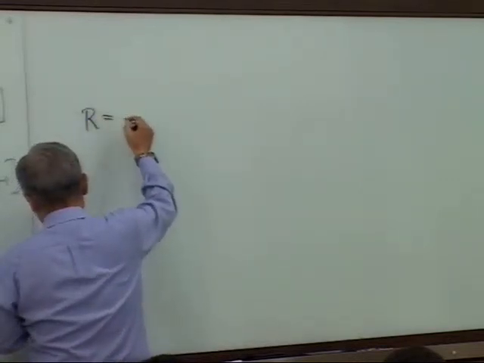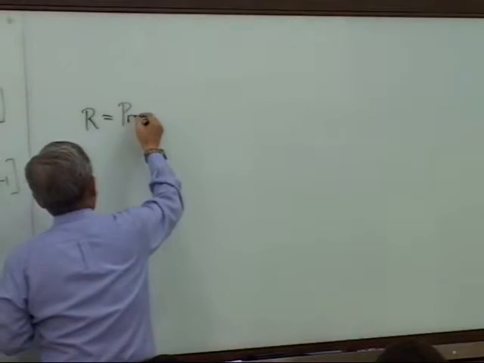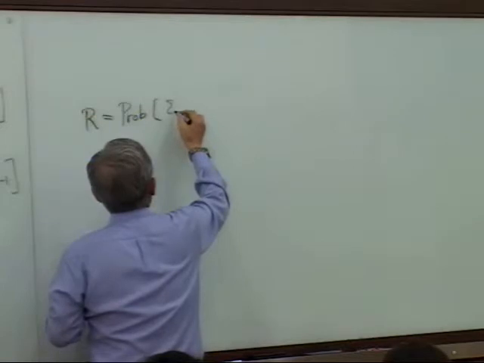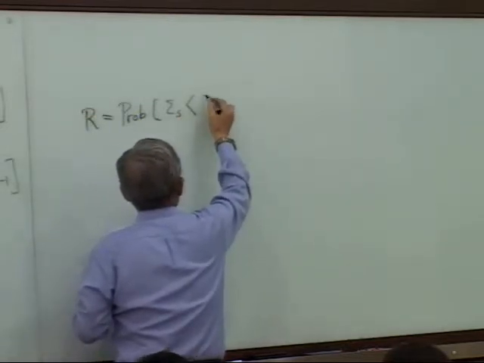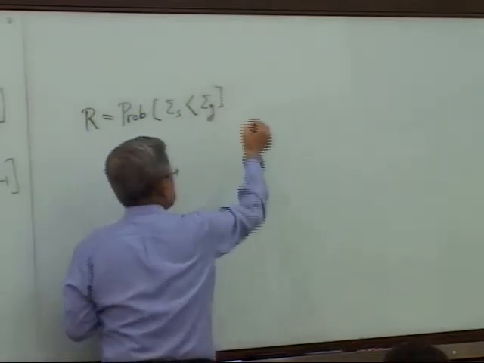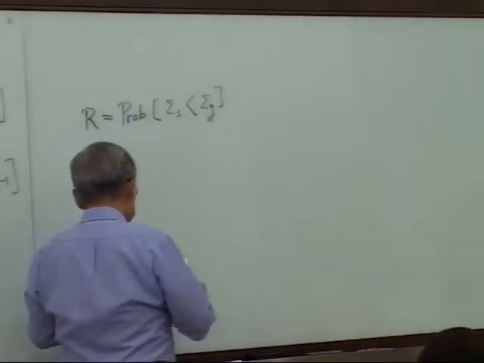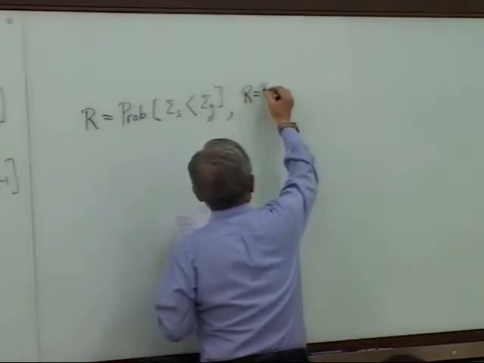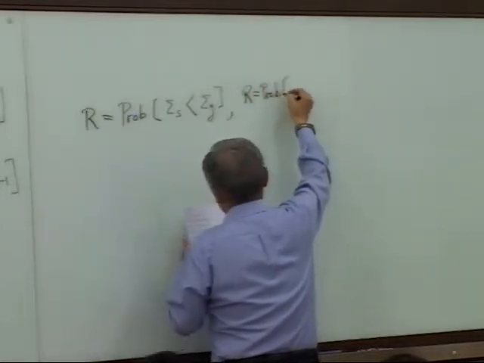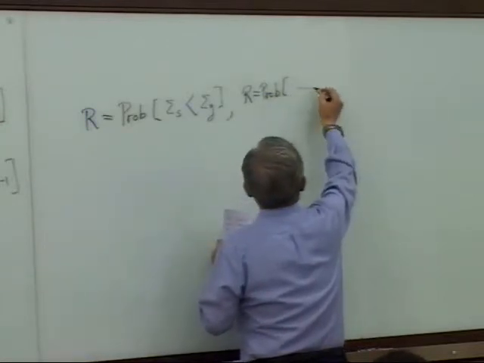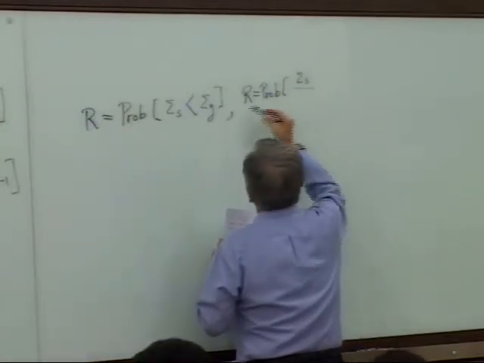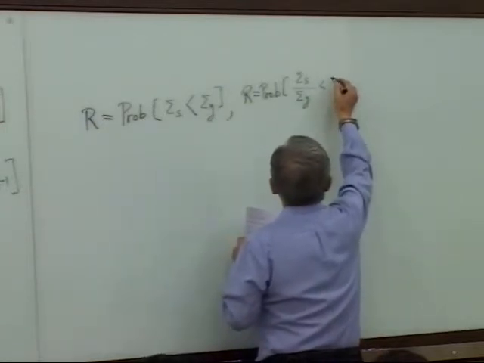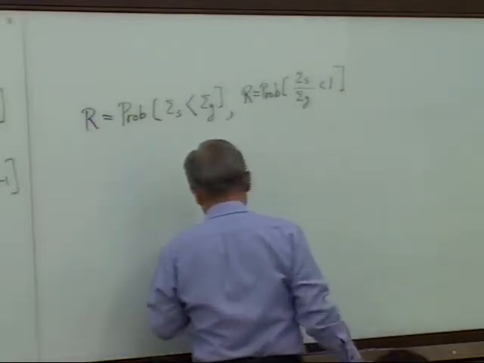The reliability is the probability that sigma s is less than sigma y, by definition, or you can write R as the probability that sigma s over sigma y is less than 1.